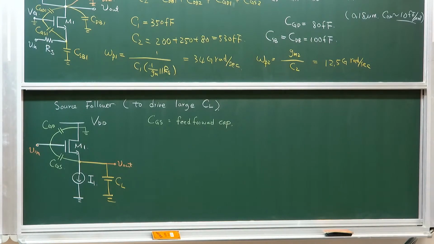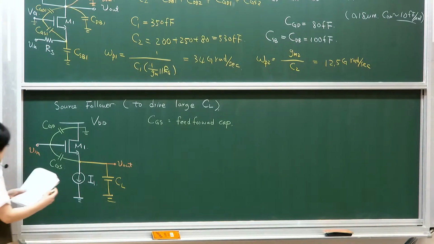What it means is that if I'm moving in this direction, my output node is moving in the same direction. So it's reducing the voltage I need to apply across this capacitance so that I will see a lesser capacitance effect. It will then reduce CGS effectively. Okay, so we're going to look at how to determine that when we talk about impedance, but let's just do the transfer function of this particular circuit. So to do that, the best way to do this is this.